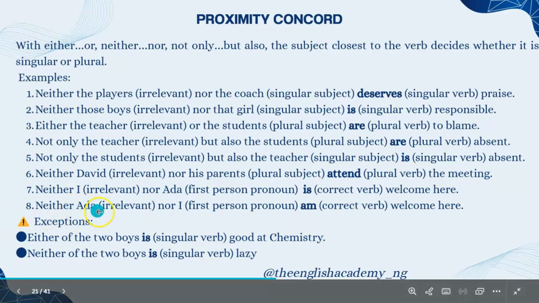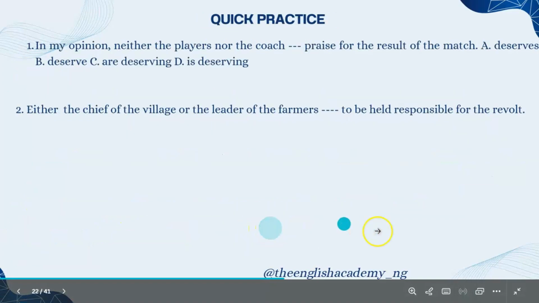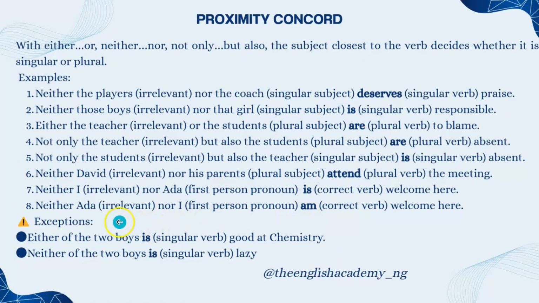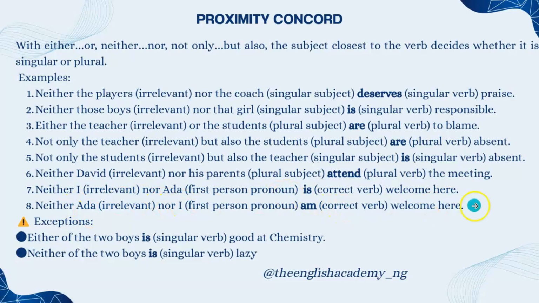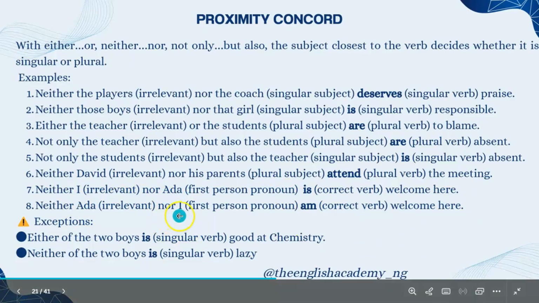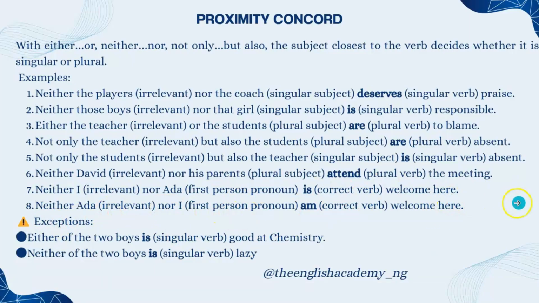So it is right to say neither Ada nor I am to blame. Also, what about neither Ada nor you welcome here? If it is you, the verb will be are. Neither Ada nor you are welcome here, not is.